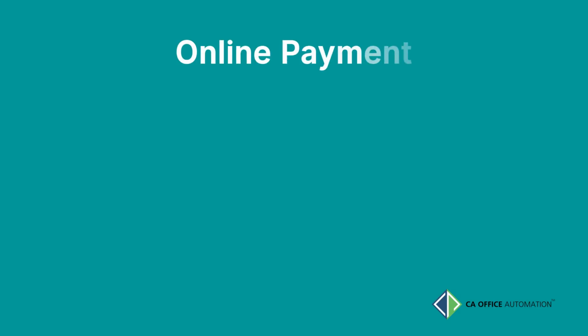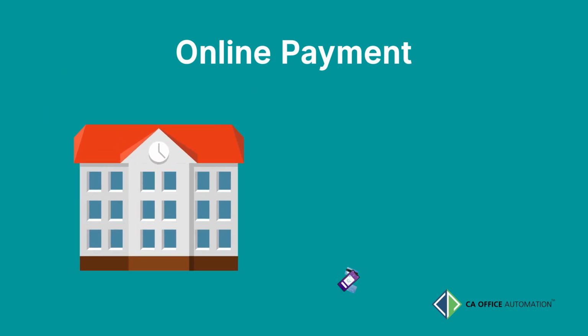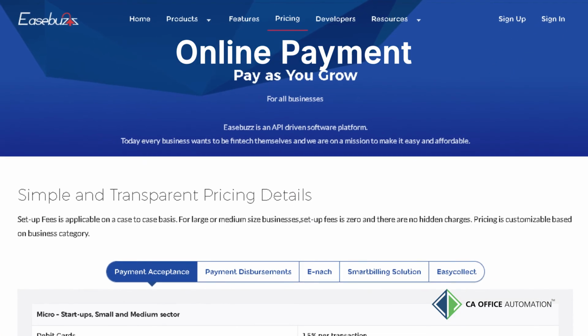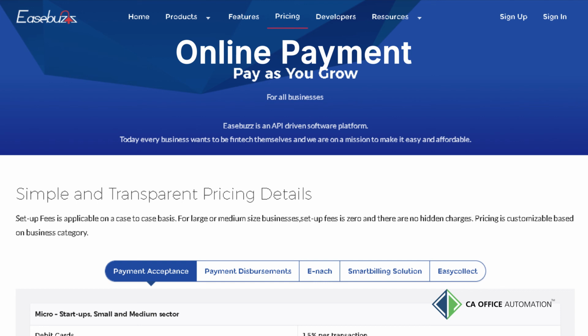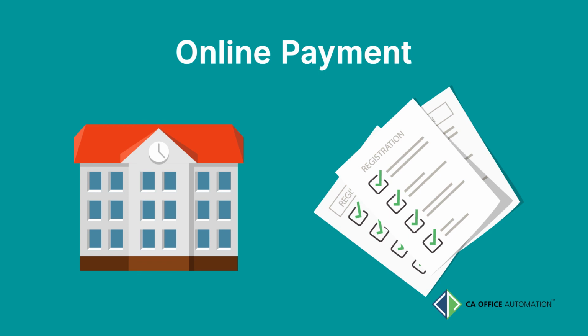Online payment. To activate the online payment facility, the CA or CPA firm needs to purchase a selected online payment gateway. We have already tied up an integrated payment gateway system in the application, so you just need to provide a few basic documents to the payment gateway service provider and your service would be activated.